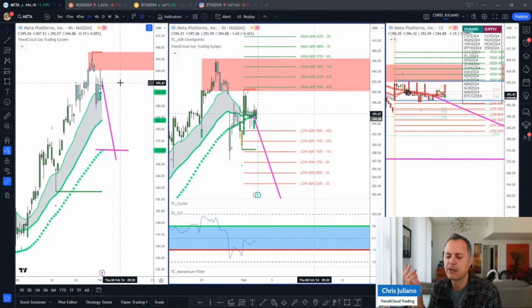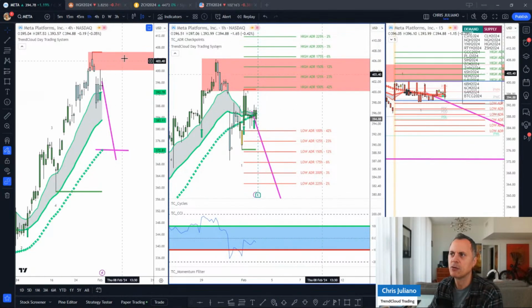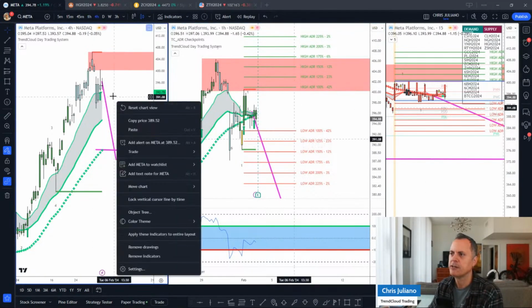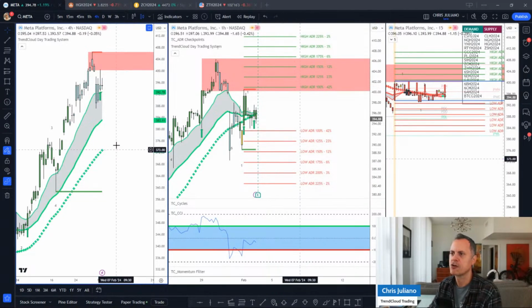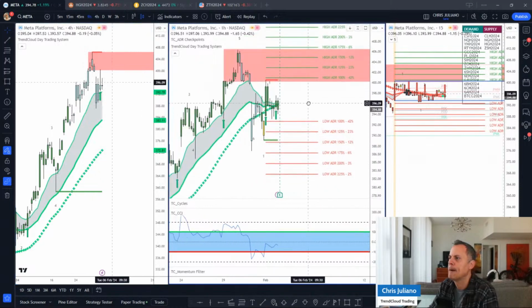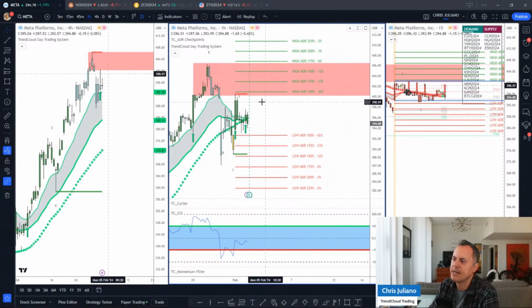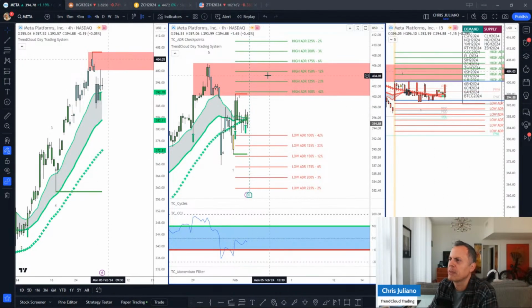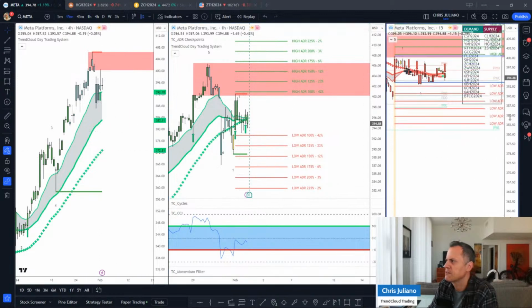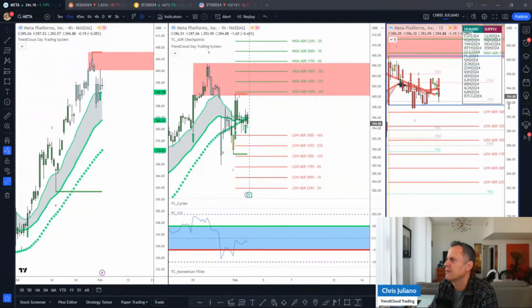But it's interesting that we kind of knew that already, right? We kind of knew that already because we said, hey, high time frame, 4 hour chart here, we're extended. So what would be nice is if we get some kind of push back up into this zone here, and then we start to see things fail on the lower time frame.